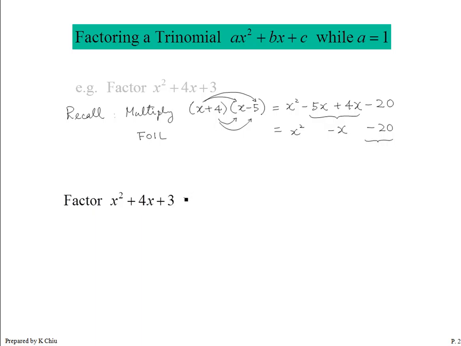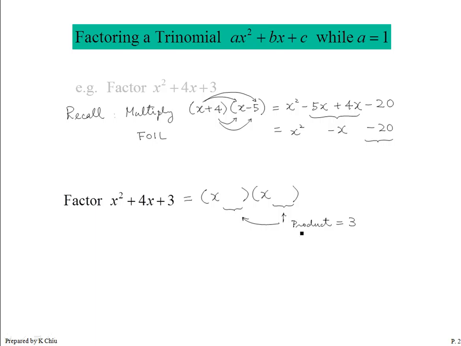So indeed, when we come to factor x squared plus 4x plus 3, we are going to make it become something times something. x and x over here. And then in these two spots, I am going to look for two numbers that, when multiplied together, must equal c, the very last term in the trinomial.